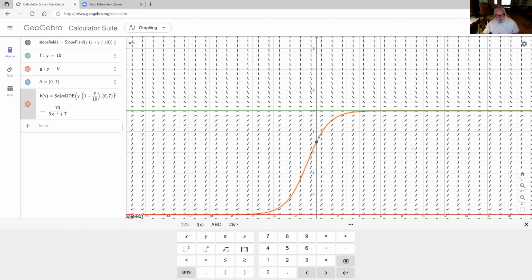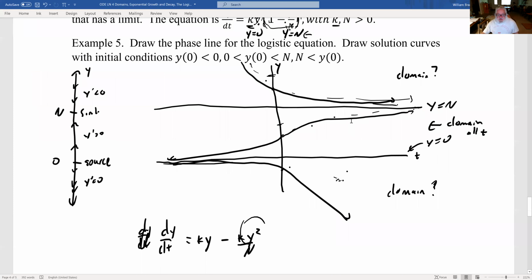And so that works as we would hope it would for our solutions. So what we found then is here the domain is in fact all t, but here we actually have a vertical asymptote that cuts off our solution. And there's another vertical asymptote on the bottom. And so that is the logistic equation.